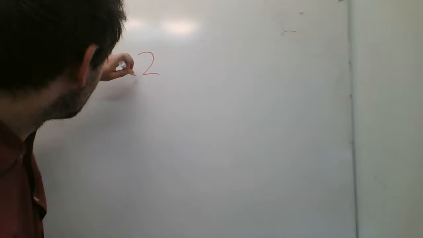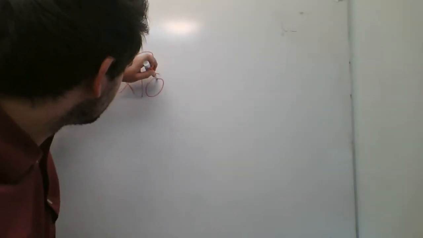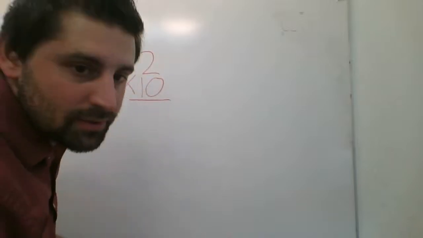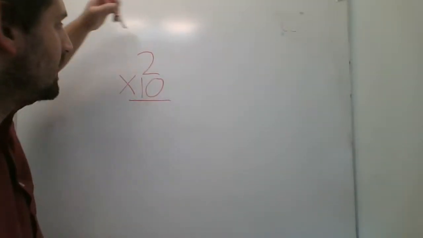All right. Now let's say I want to find the answer to 2 times 10. So I have 2 groups of 10, and I need to find the total. So I'm going to simply add the number 10 twice.